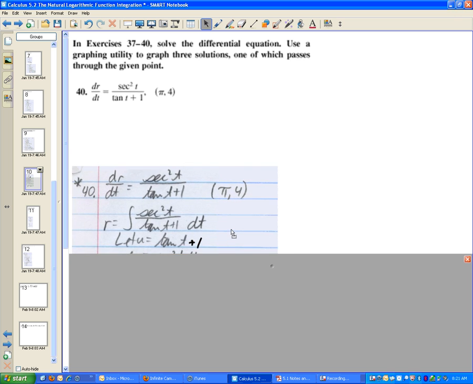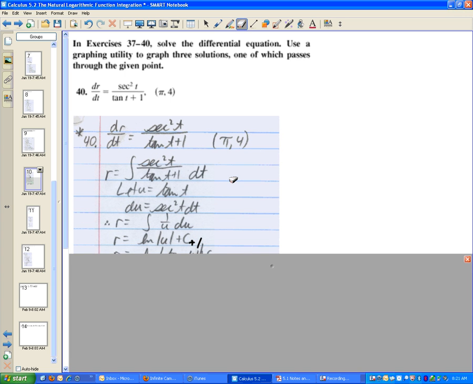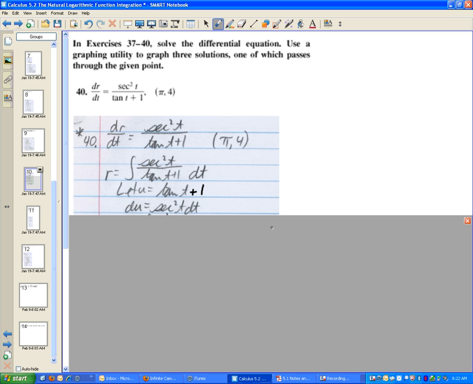So by choosing u that way, the secant squared of t gets tied up in the du, okay? So du equals, well, the derivative of the tangent of t is secant squared t. Derivative of 1 is 0. Don't forget your dt. Well, I think I can make a substitution now, can't I?